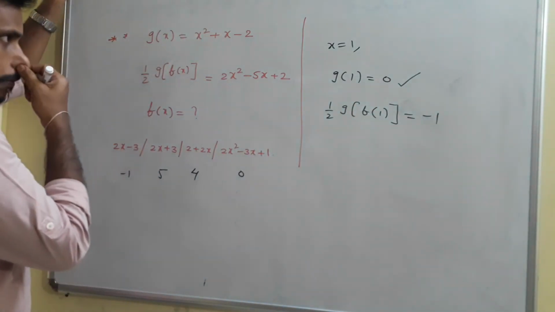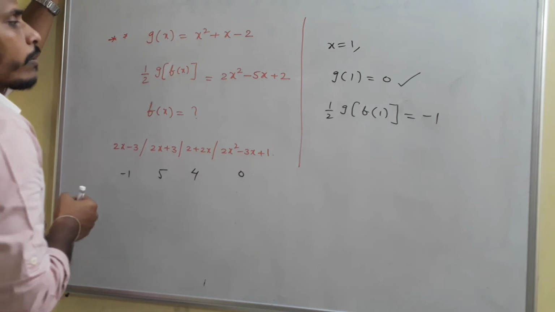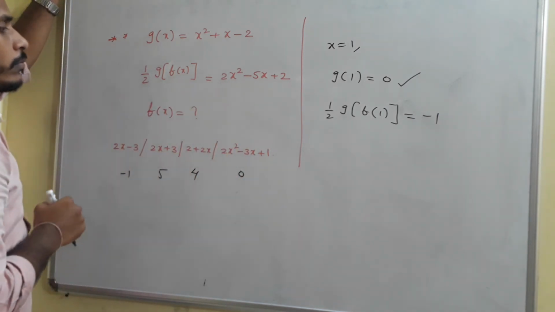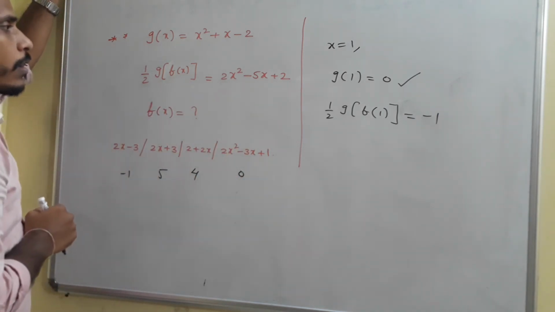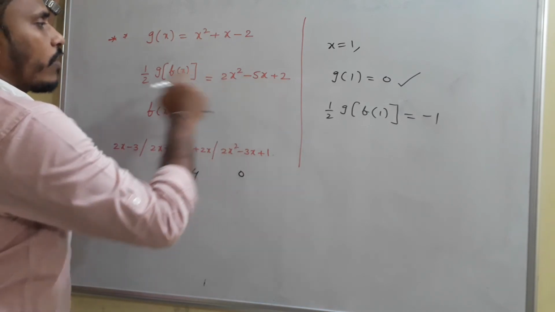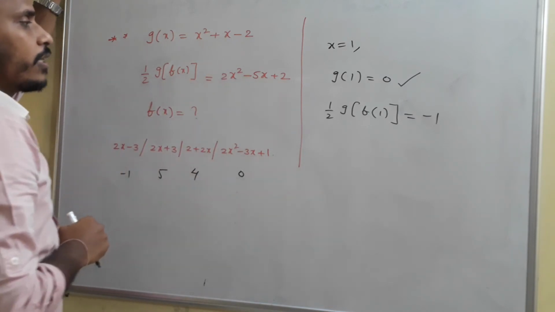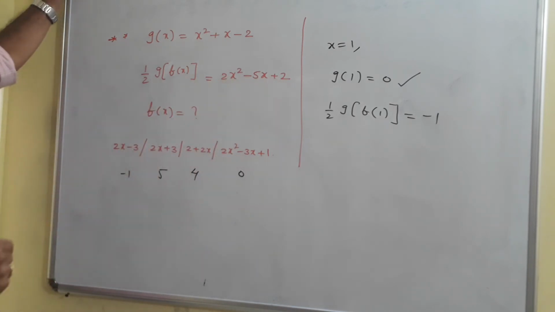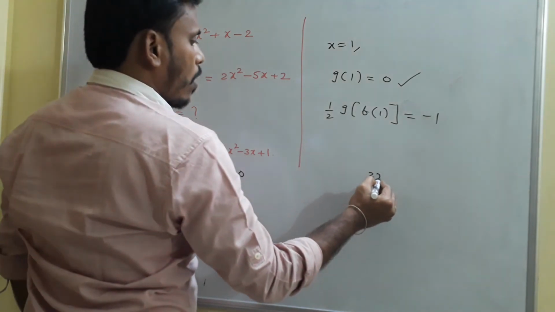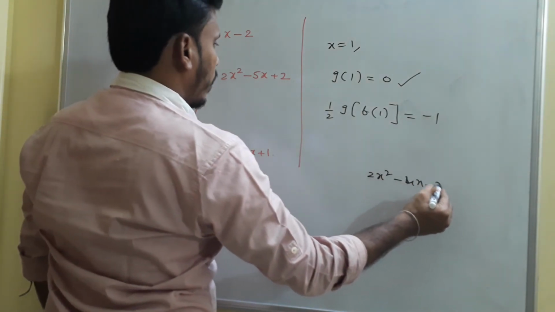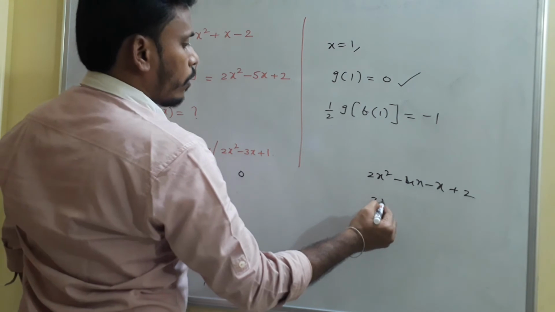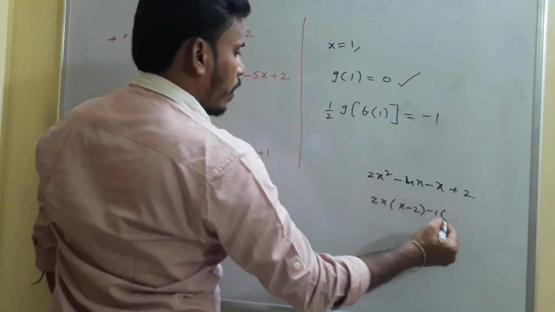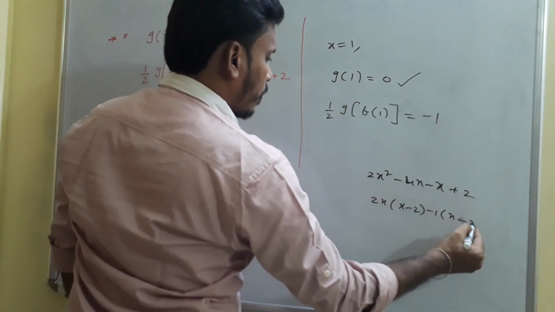And that's why, whenever it is 0, 2x square minus 5x plus 2, if you factorize it, what are the roots for that? 2 twos are 4, minus 4x. 2x square minus 4x minus x plus 2. 2x of x minus 2 minus 1 of x minus 2.